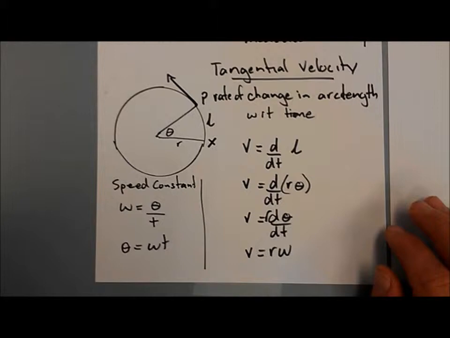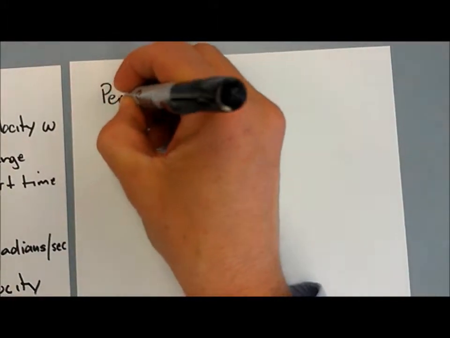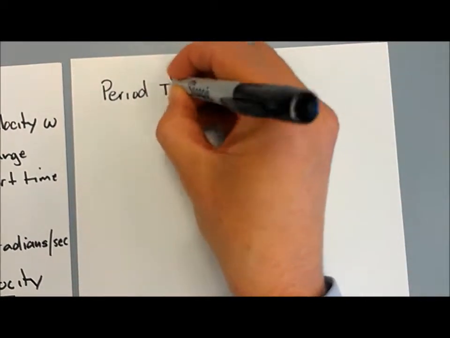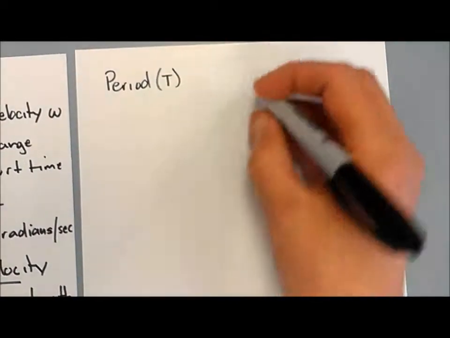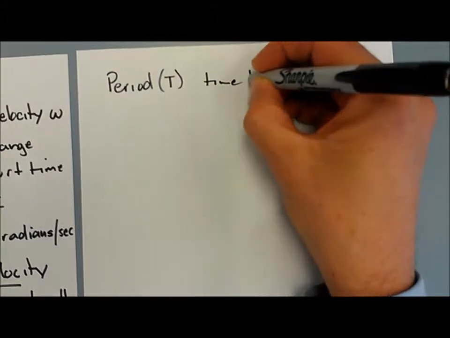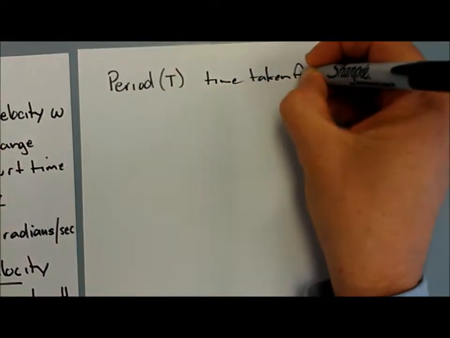Okay. Now, another definitional point is the period. We've talked about this before in relation to simple harmonic motion, but the period is the time taken for one revolution.